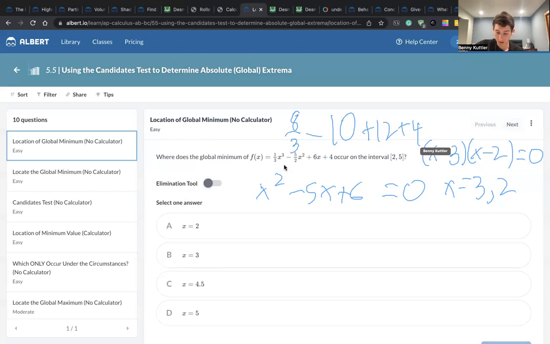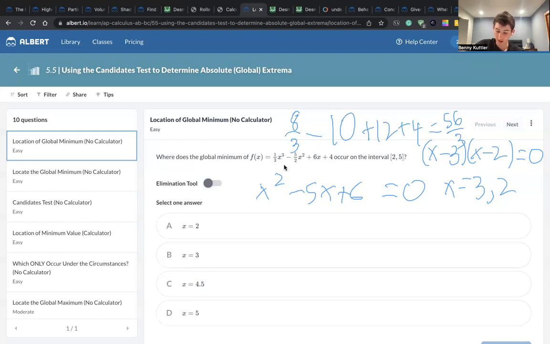So if we plug all this in, we get 16 plus 8 over 3, which is 56 over 3, I believe. So this value, we're just going to check against all of our other candidates.